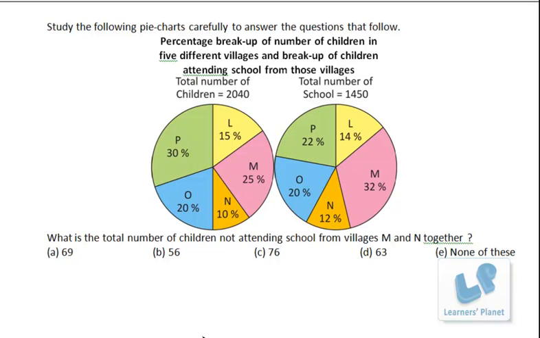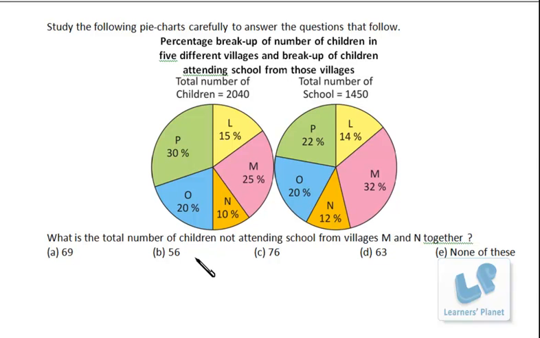Now, what is the total number of children not attending schools from villages M and N together? From this circle we'll be getting the total number of children from M and N, and from this pie diagram we'll be getting the number of students attending schools from these particular villages. So from the difference we'll be getting the students who are not attending the schools, right?